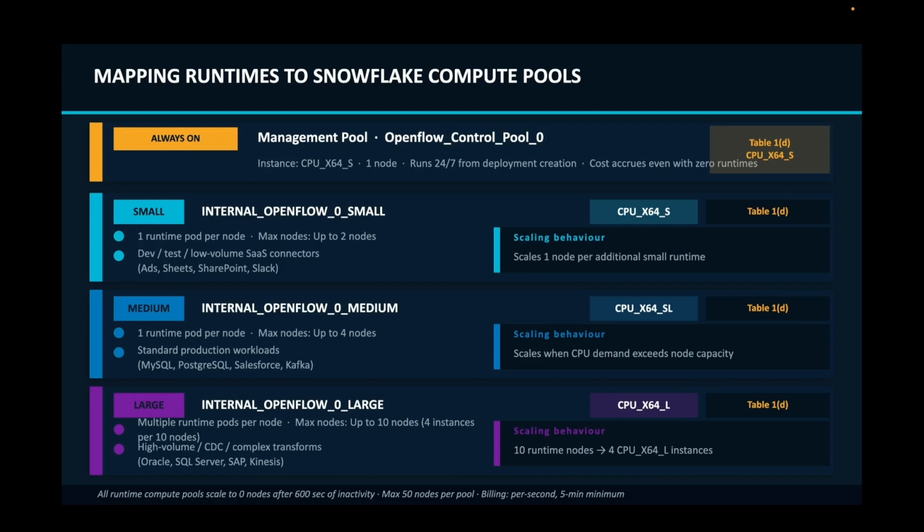Typically most of the connectors, the CDC connectors, use the medium runtime, and also some streaming services like Kafka. It will fall under CPU x64 SL, and scales when CPU demand exceeds node capacity. You can have a minimum of 1 node and a maximum of 4 nodes. If you want more, you can create multiple runtimes.